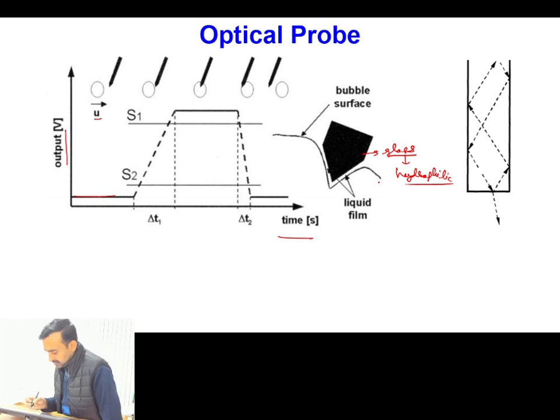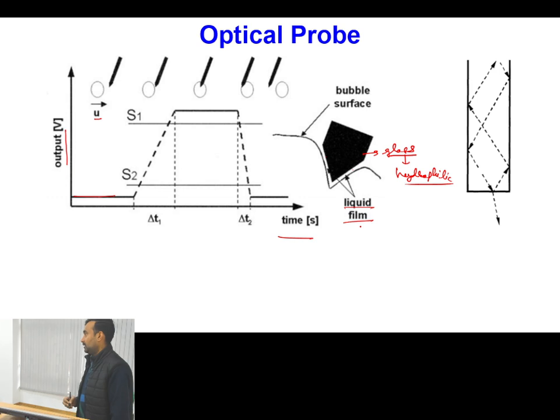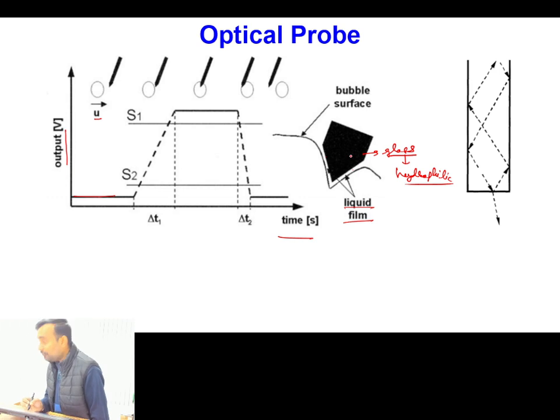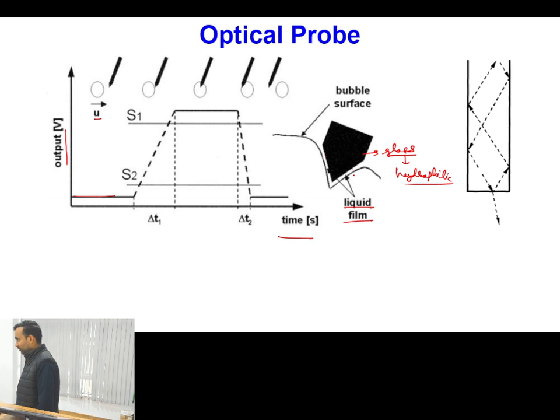Because of this, when we look at the bubble interface in a magnified way, it gets deformed, and between the bubble interface and the glass surface we have a very thin liquid film. If your probe is 1 micrometer or 10 micrometer, this liquid film can be of the order of a few nanometers.